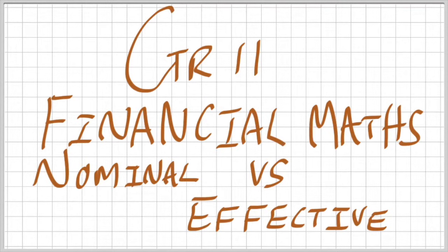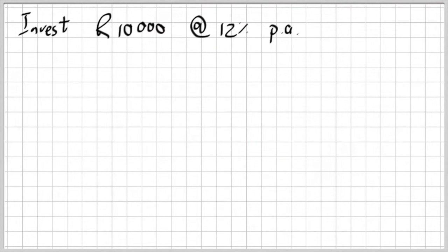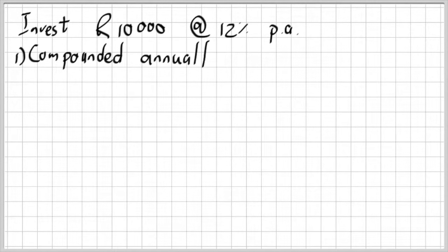So when we look at nominal and effective interest rate, it basically is the best way of looking at it by doing an example. I invest 10,000 Rand at 12% per annum, and I'm going to look at two types of compounding.